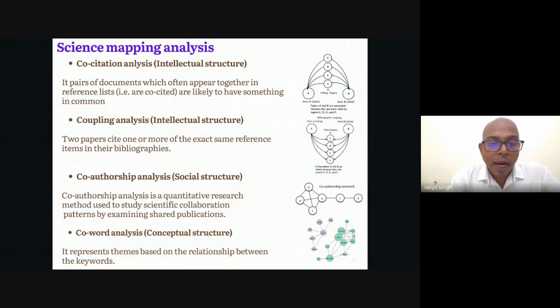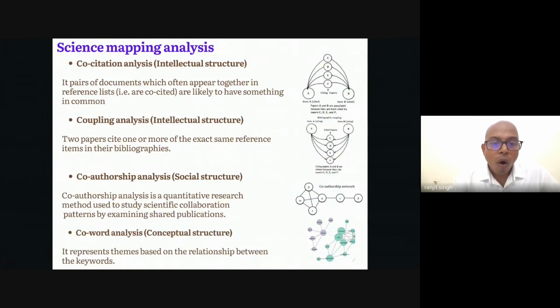Next is cohort analysis, also known as co-occurrence analysis, and through this we depict the conceptual structure. Generally, the conceptual structure is developed by using the metadata collected from the articles, that is, keywords. There are generally two types of keyword.